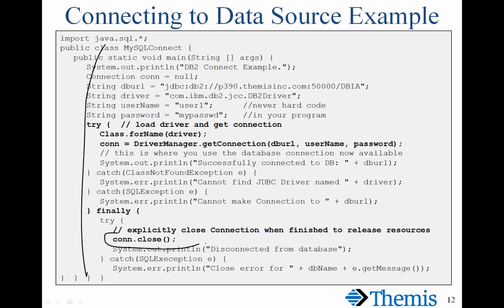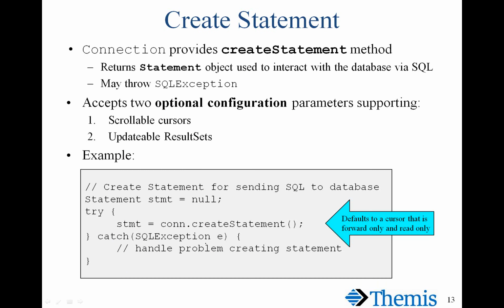To actually use the database to do useful work, we would need something like a statement object. So what we've done down here is told that connection object we need a statement by calling the createStatement method. If you think of the connection itself as the road between your application and the database, then you could think of the statement as the truck or vehicle that carries the SQL to the database and carries the results back from the database.